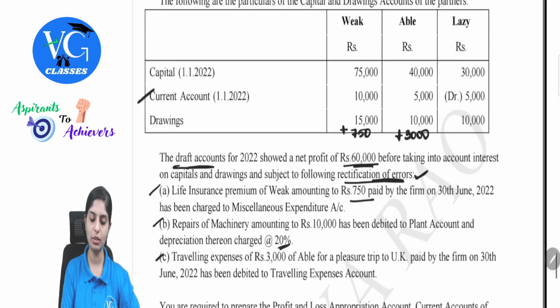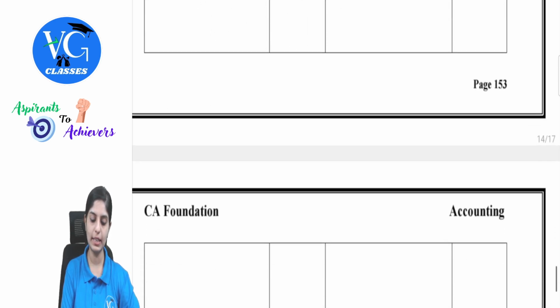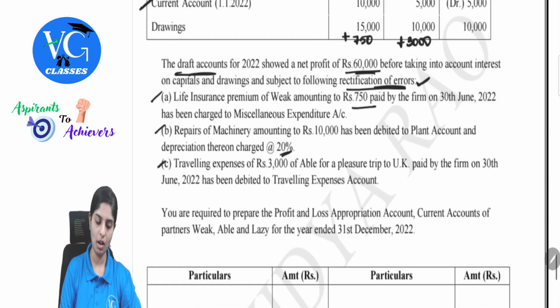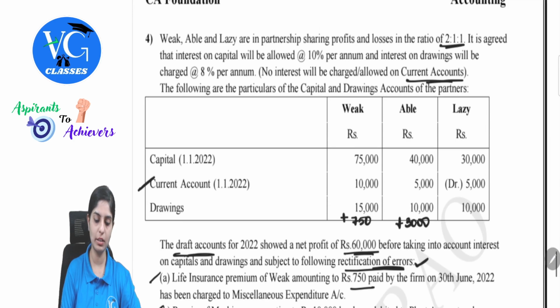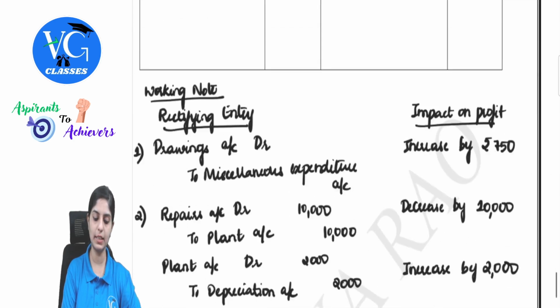Now we have to just do calculations of interest on capital and drawings. So first let's take the revised net profit or revised corrected profit. How much was given in the question? The draft showed a net profit of 60,000.